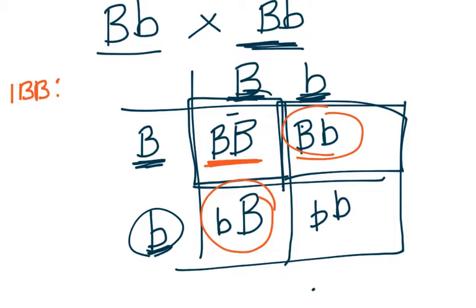So even though I mixed up the letters, I still have 2 that are big B, little b. And then my last would be this individual here. 1, little b, little b.